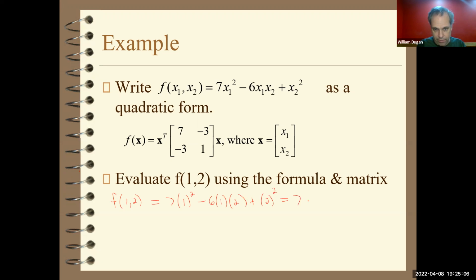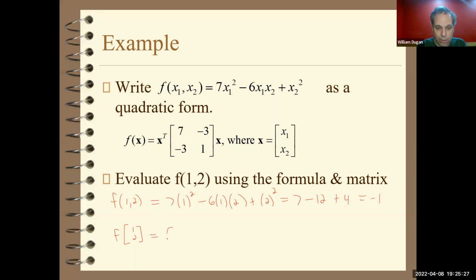So that is 7 minus 12 plus 4. The answer is -1. We'll do it again, but this time as a function of the vector.